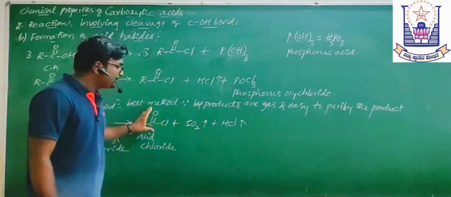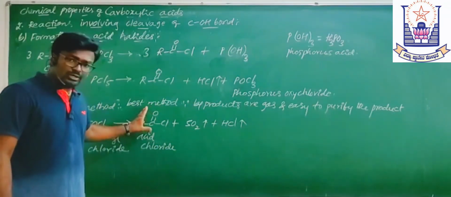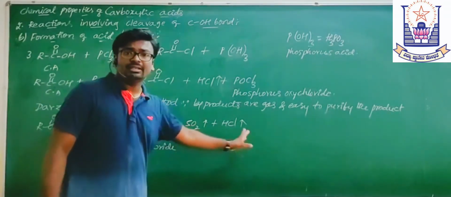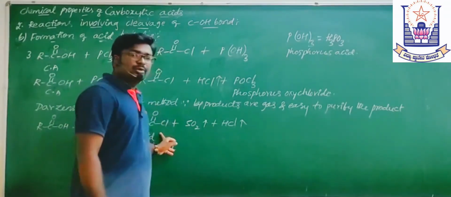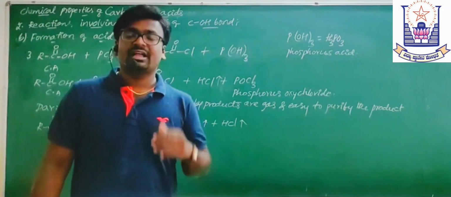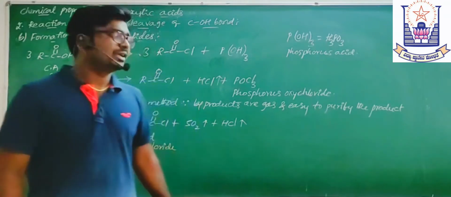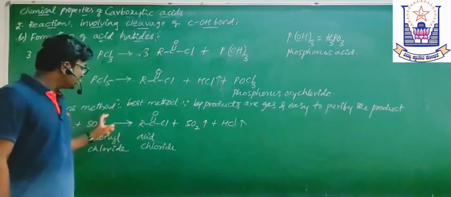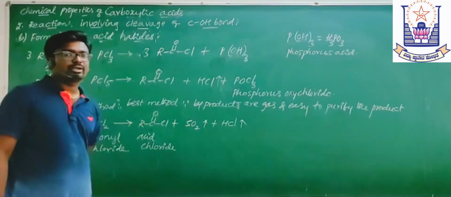These are escapable gases, and purification requires not much extra effort and it is easy. That is why this is a preferable best method to convert the carboxylic acid to the acid chloride.